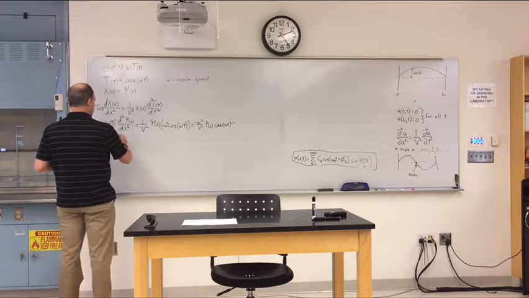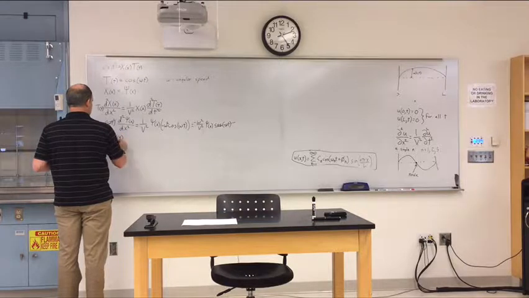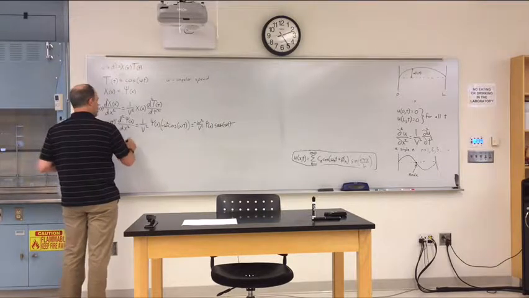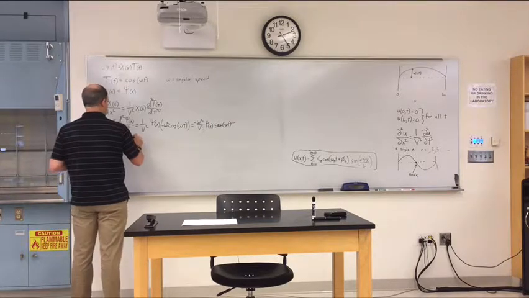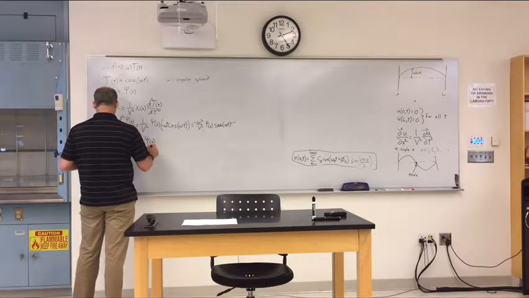So rewriting this, that's d squared psi of x over dx squared is equal to minus omega squared over v squared psi of x.